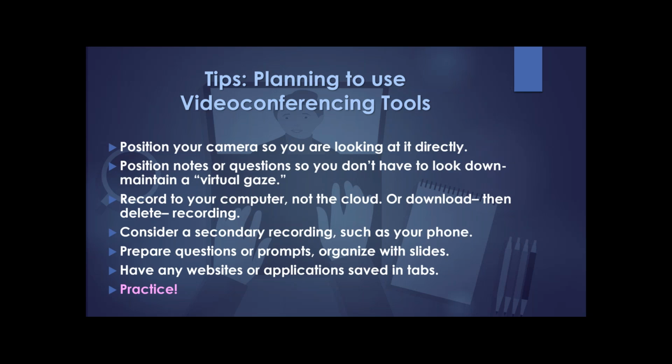And then always think about a plan B. So maybe have another way of recording the audio on your phone or something so that you have a backup, because things can go wrong. Along with that, have other ways of contacting your participant if something falls apart.